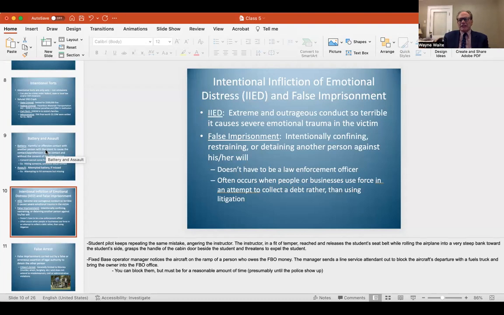And there can be different tests, especially in Ohio, where if you have intentional infliction of emotional stress, you also have to have contemporaneous physical damage. So there are two types of this: intentional infliction of emotional stress, and also negligent infliction of emotional distress. Generally speaking, there's really no excuse in public aviation for intentionally trying to scare anybody.